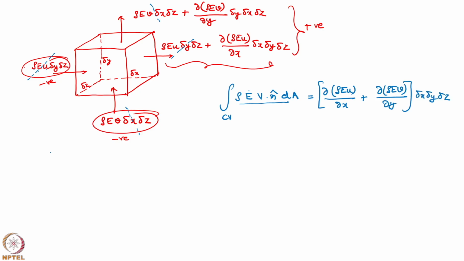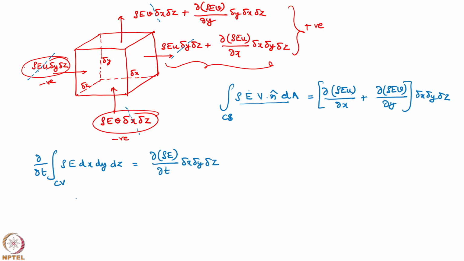And another term, the control volume term, dou by dou t of the integral of rho E dx dy dz, that is dou of rho E by dou t times delta x delta y delta z.